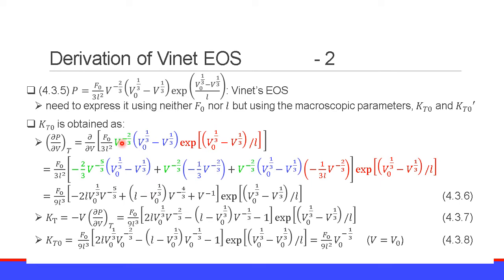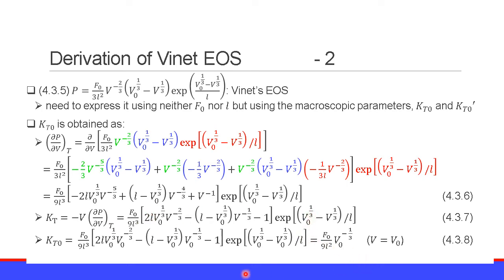The calculation is complicated, but we obtain this formula. Using this formula, KT, the isothermal bulk modulus, which is minus V times ∂P/∂V at T, becomes like this.